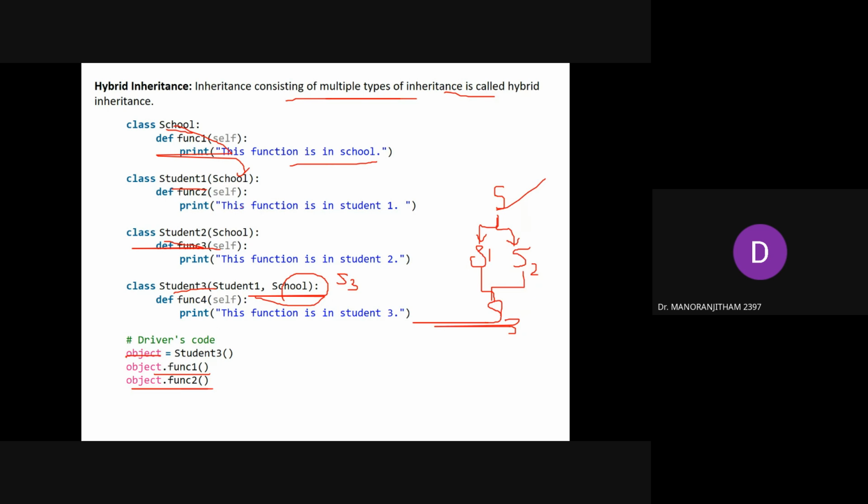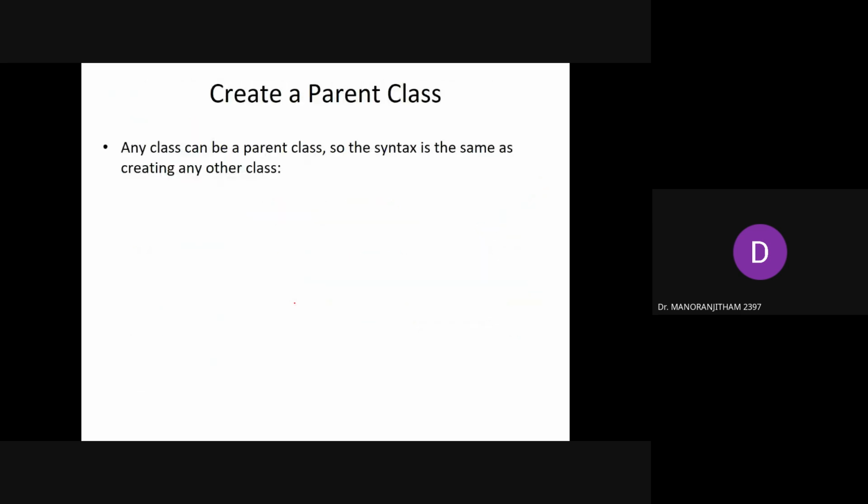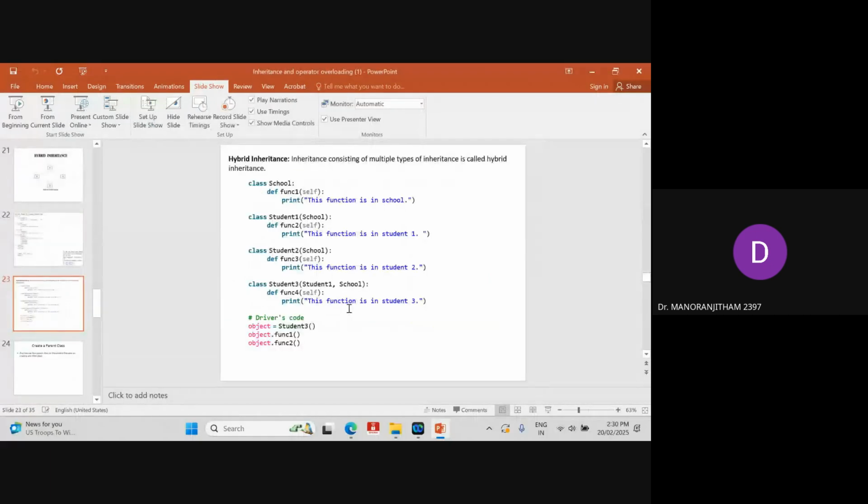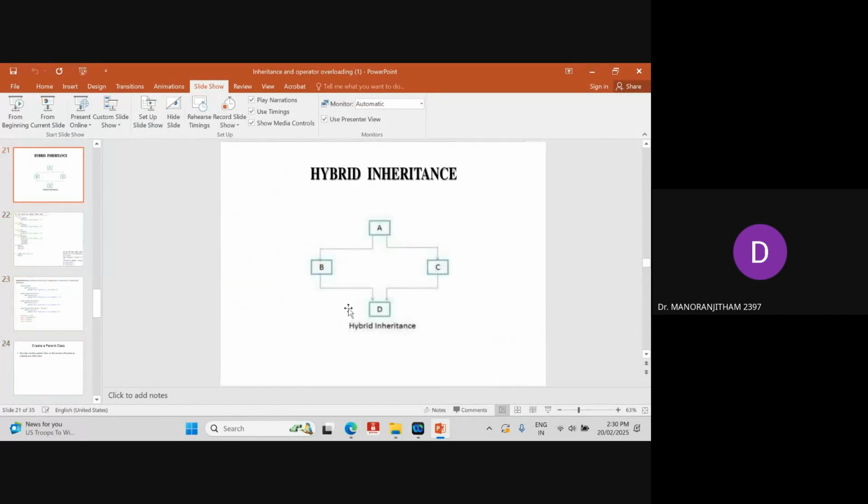This function is in Student. So you will get the output. With this you can create types of inheritance, and each type will vary based on the number of classes that you have used, the number of base classes, and the number of child classes.